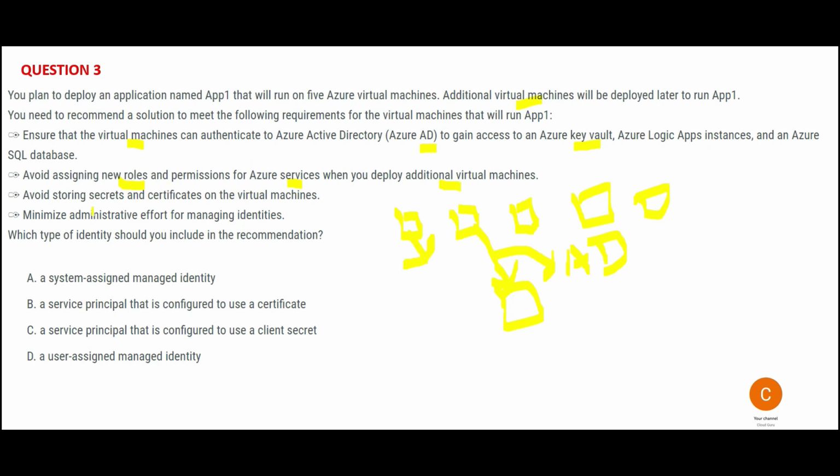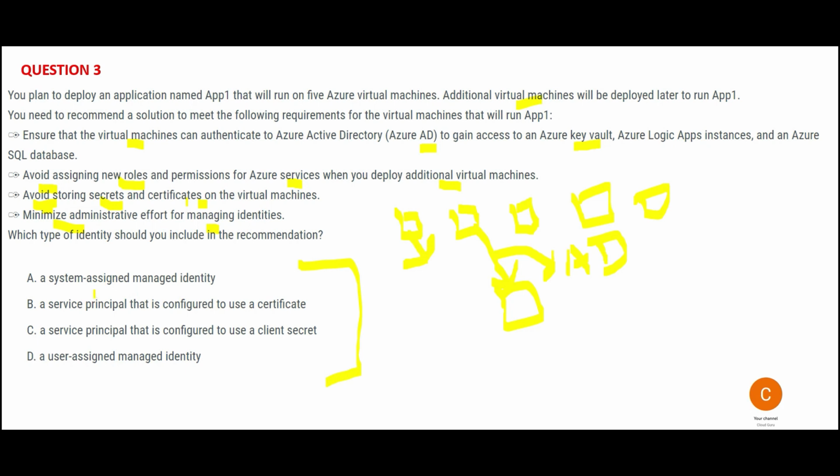And you need to avoid storing secrets and certificates on the virtual machines, and you need to minimize administrative effort for managing identities. What should we use out of these?